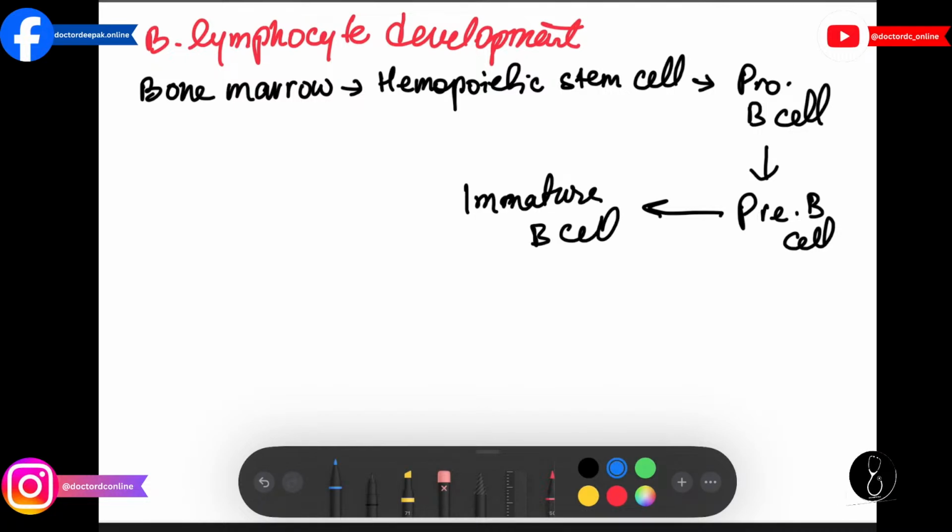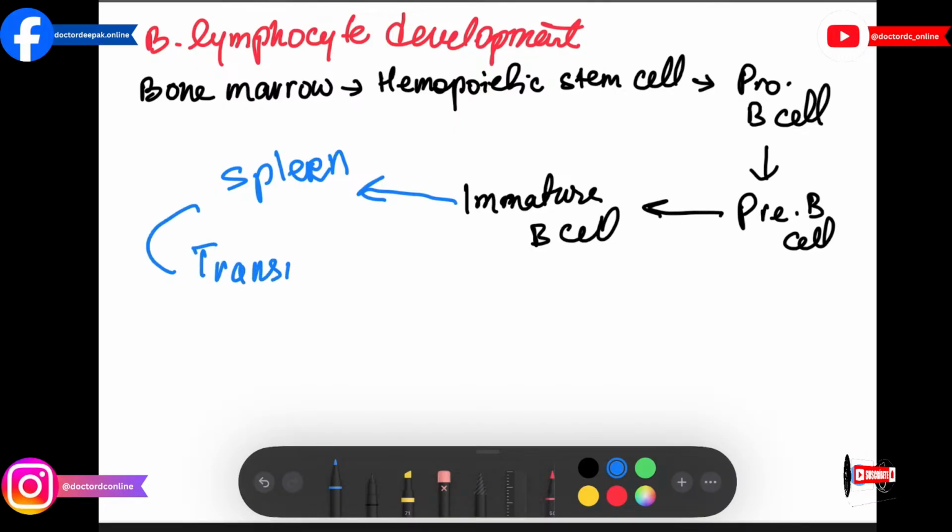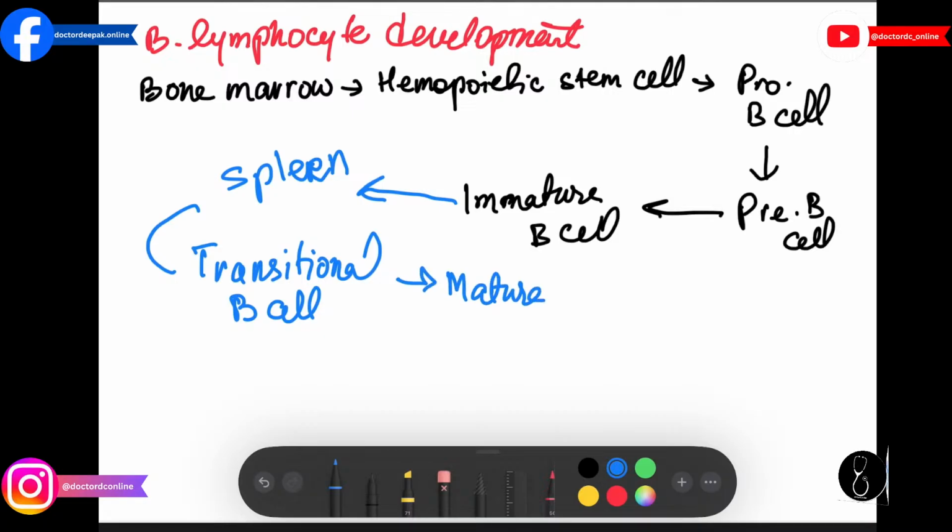That immature B cell goes toward the spleen, and in the spleen, the immature B cell converts into a transitional B cell. This transitional B cell converts into a mature B cell inside the spleen.